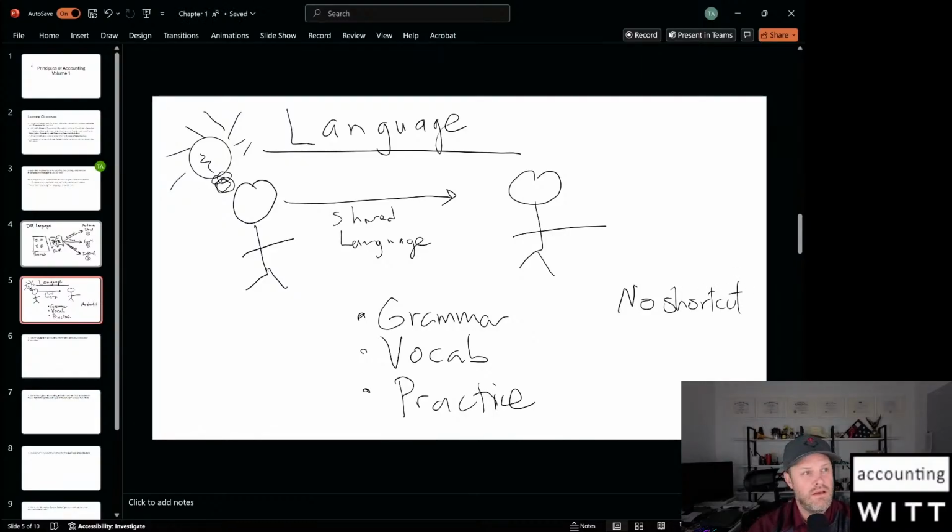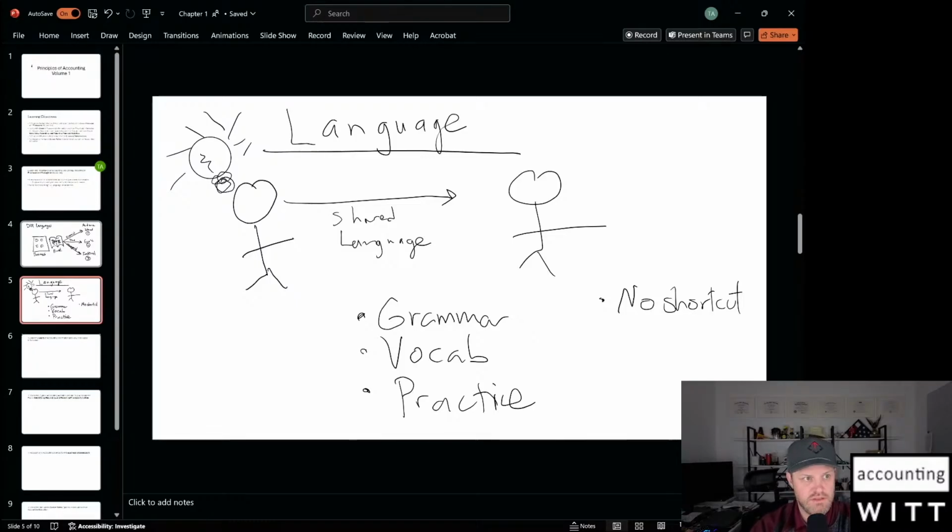And are there translators? Yeah. But if you want to learn to speak it or understand it yourself without a translator, it's only through practice and learning the grammar and the syntax.